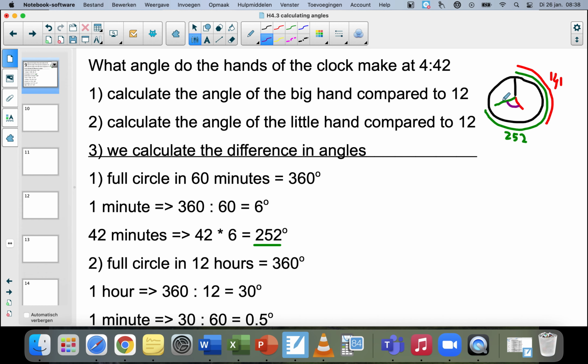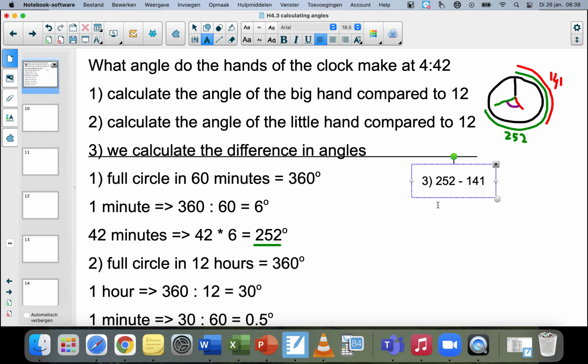We could calculate the reflex angle all the way around, but in this case, step 3, we only need the difference. So step 3 is 252 degrees for the big hand minus 141 for the little hand, and that difference is a beautiful 111 degrees.